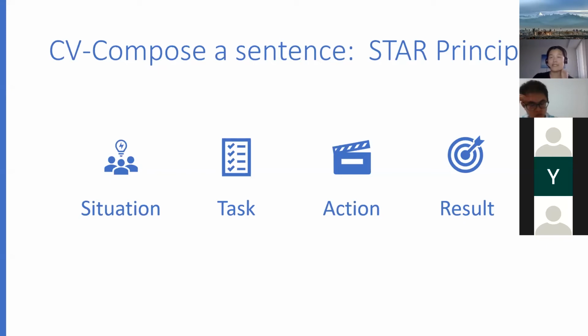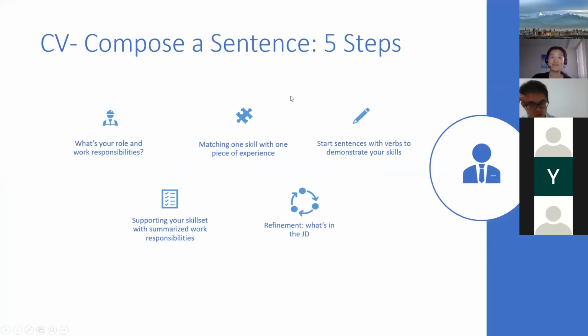I found when I told other students about the STAR principle, sometimes they found it difficult to write a sentence. So I came up with 5 steps, step by step, to guide you to write the sentence. It's purely based on how I wrote it. Firstly, ask yourself what's your role and what's your work responsibilities.